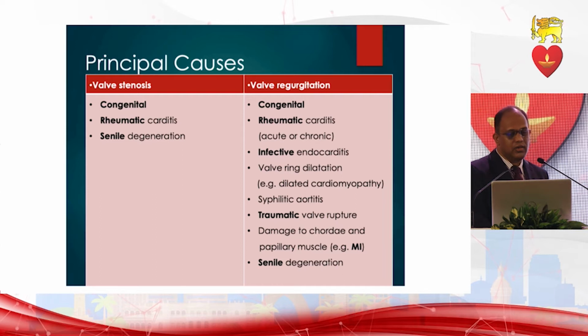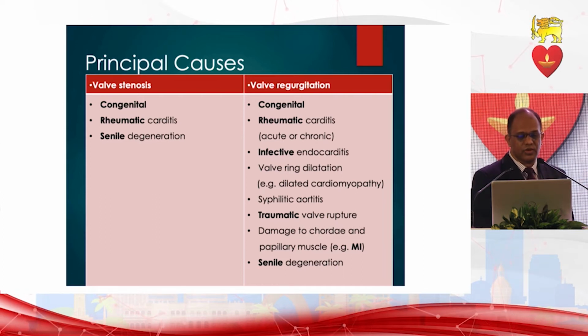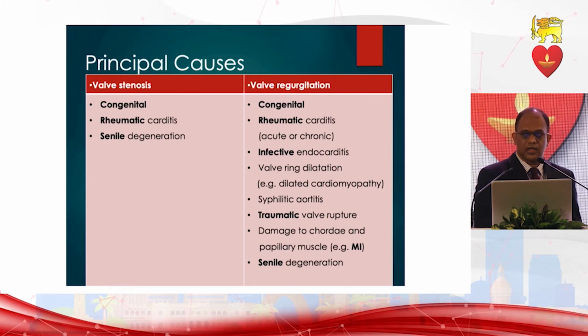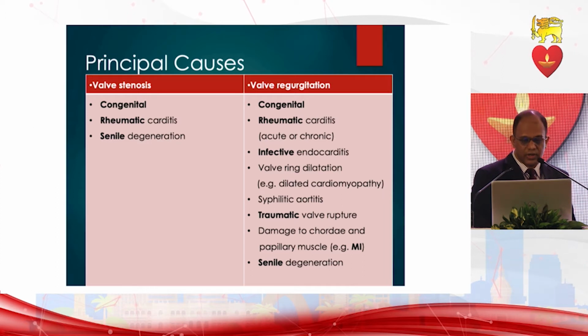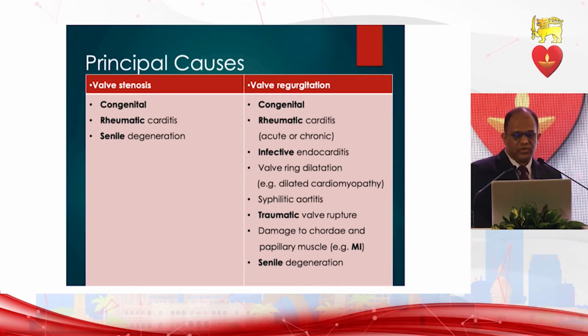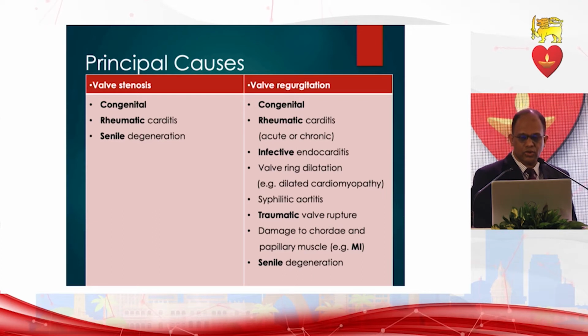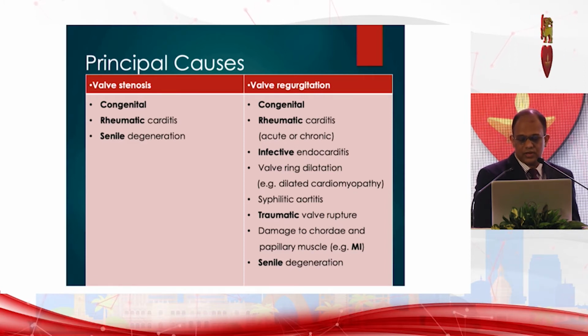Common causes of stenosis are congenital valve stenosis, rheumatic carditis, and, with aging, calcification and degeneration. Regurgitation can be caused by congenital causes, rheumatic heart disease, and endocarditis, which can destroy the valves. Very severe chest trauma can also destroy the heart valves and cause regurgitation, and senile degeneration can also cause valve degeneration.